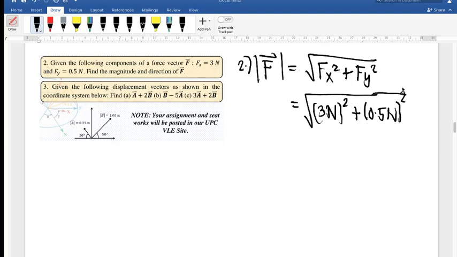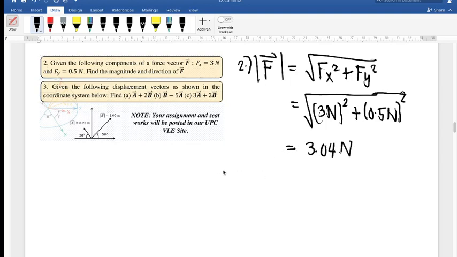So magkano to? Square root of the answer is 3.04. Okay, so approximately 3.04 Newton yung magnitude niya.